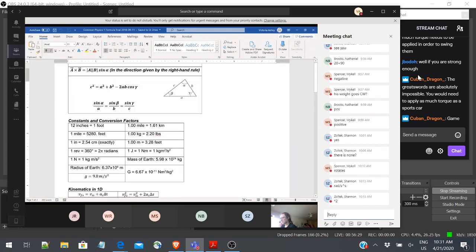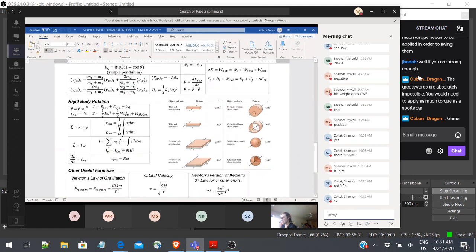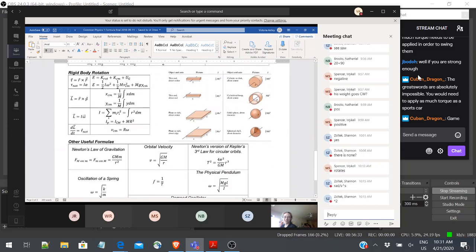On your formula sheet, you might notice these are the very tiny moments of inertia for all these different shapes, right? So for example, we have this thin rod about the end.